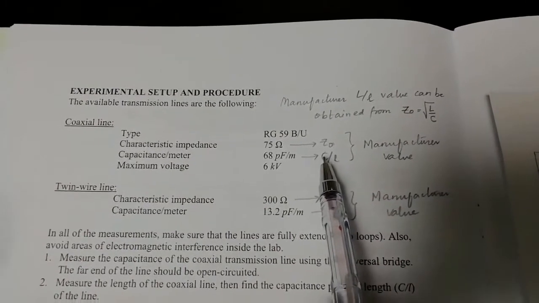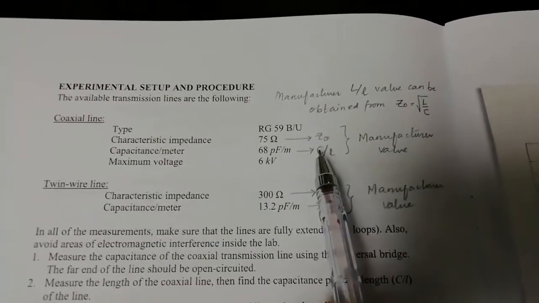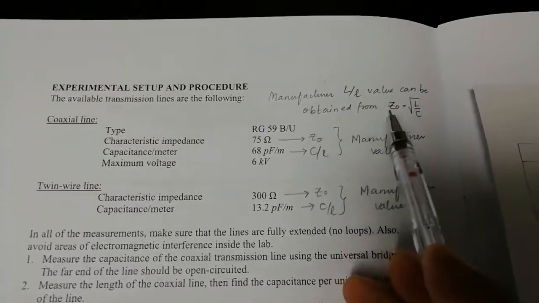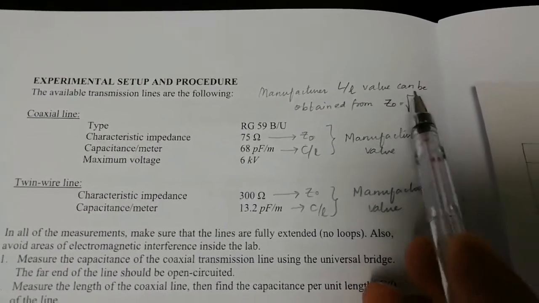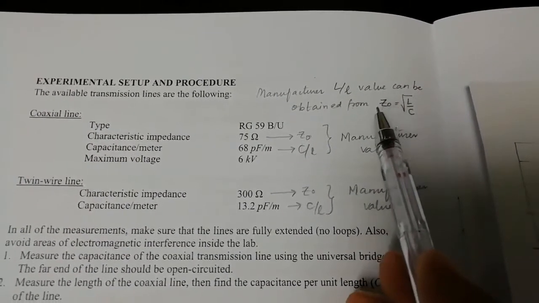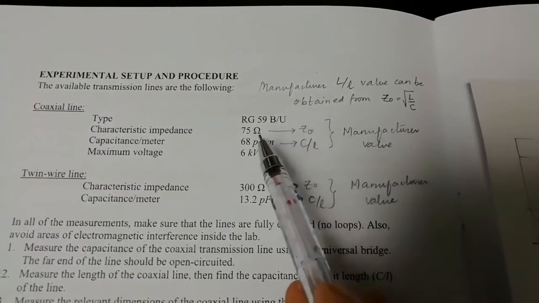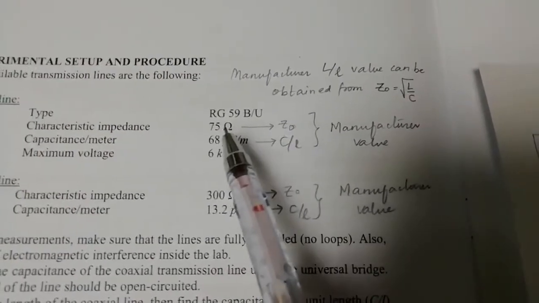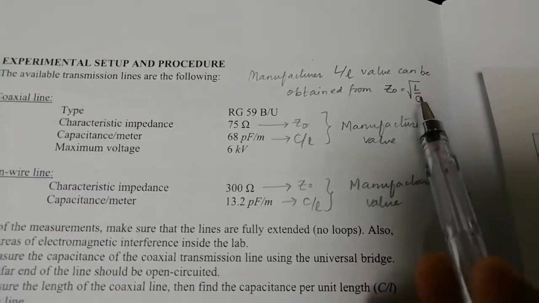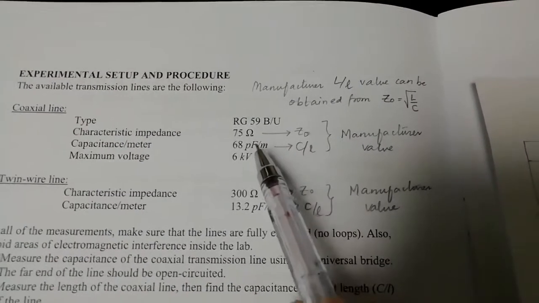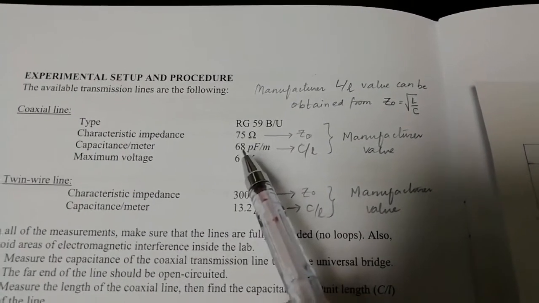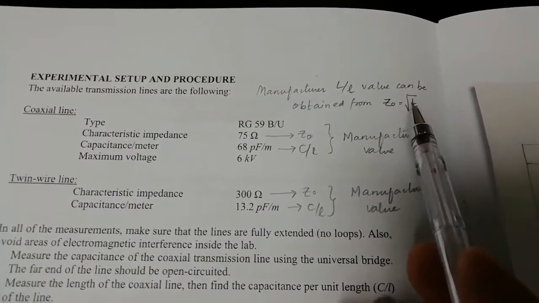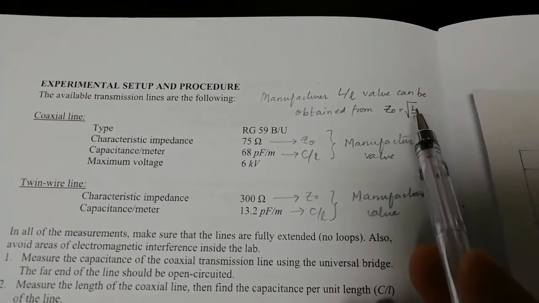Now how are you going to get the inductance per unit length from the manufacturer value? You can straight away use this expression. In this expression, your Z0 will be your manufacturer Z0 value, and your capacitance will be the manufacturer capacitance value. In this way you can get the manufacturer inductance values.